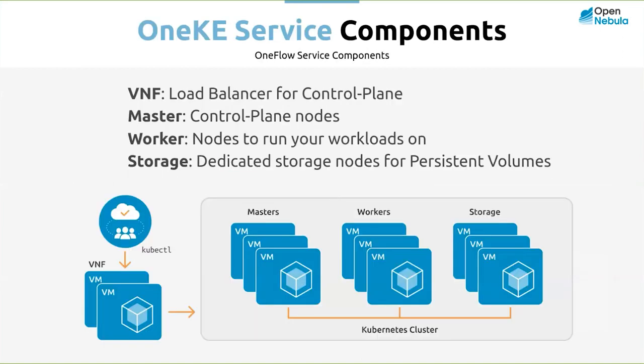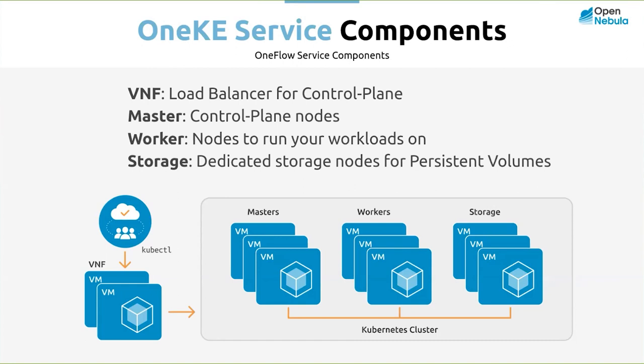Yeah, so OneKE is actually a OneFlow appliance, and OneFlow is a service that can be enabled in OpenNebula. It can be used for orchestrating clusters of virtual machines. So basically you can divide your deployments into roles, groups of virtual machines of similar type. And OneKE consists of 4 of these roles.